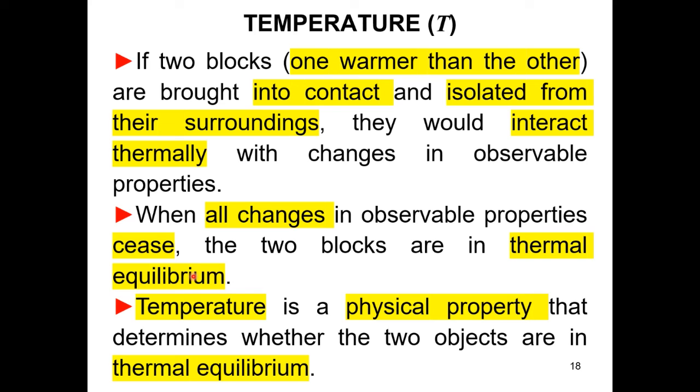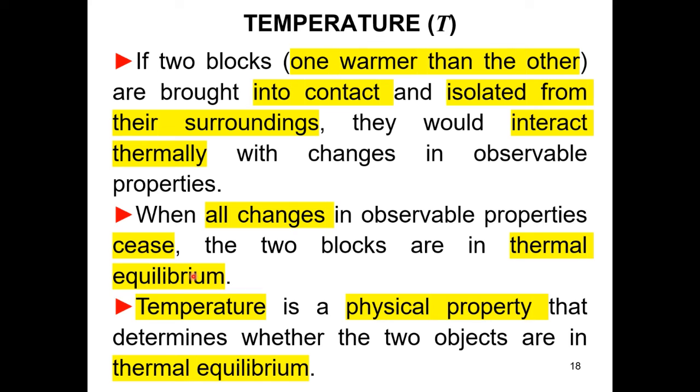Like I showed earlier, we have a mug of tea, which is 70 degrees Celsius, and you just put it on the table. After some time, depending on the surroundings, let's say the surrounding is 20 degrees Celsius, the 70 degrees will decrease until it becomes 20.